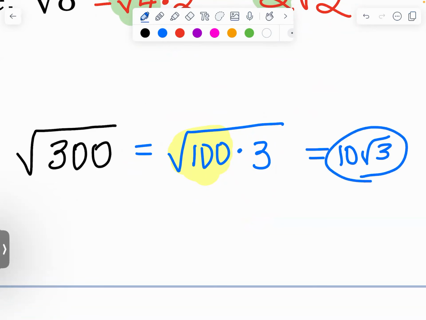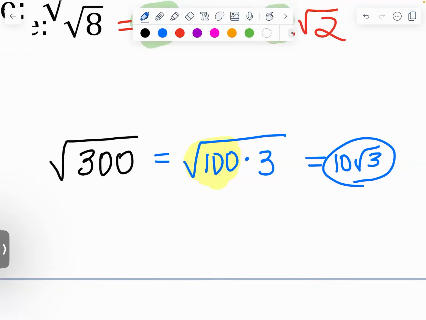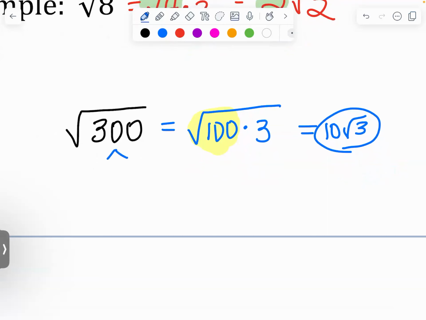Wait, but what about if it's like 10 times 30? So if you're going to do this, you're going to need to find a perfect square. If you're not thinking of perfect squares, let me show you another way you can do this. If you want to think of this as 10 times 30, and 30 is 10 times 3, well, here I have 10 squared.